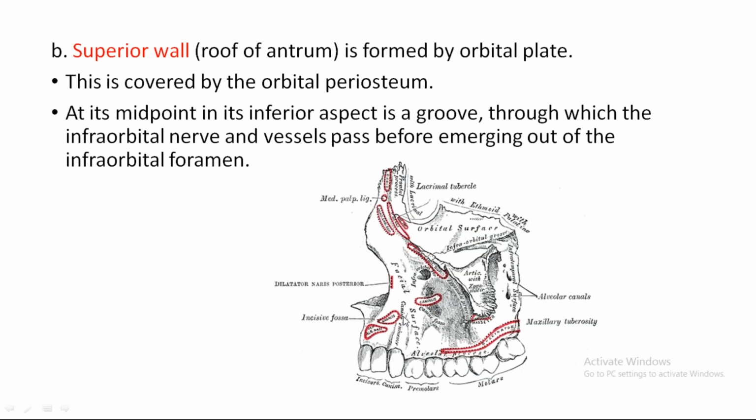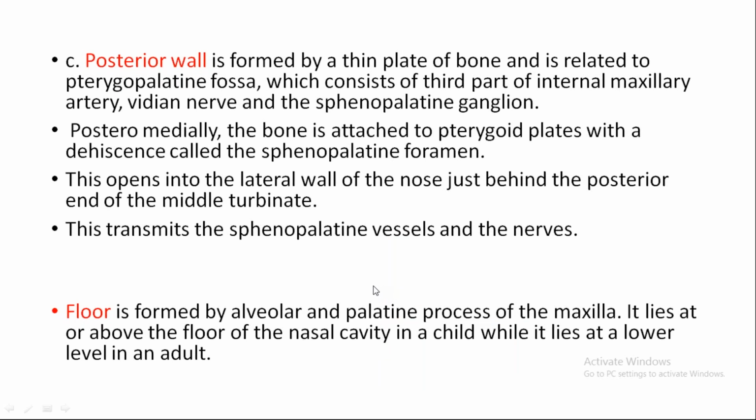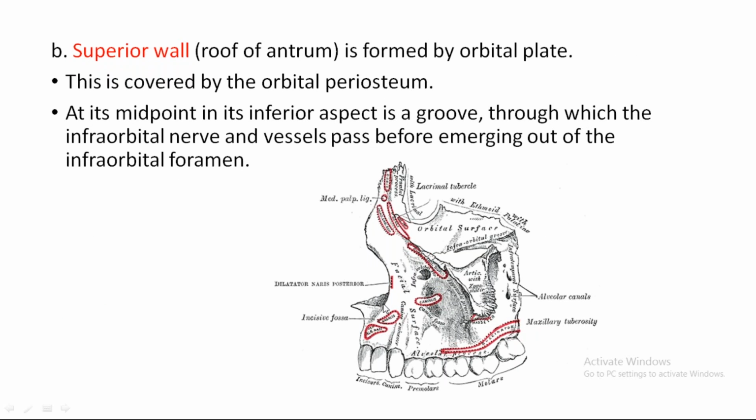Now again you can see the different muscular attachments to the maxilla bone, and the articulation with the zygoma over here, and this is the ascending process of the maxilla, or you can say the frontal process of the maxilla. This forms part of the piriform aperture, the medial margin. This is the alveolar process where you have incisors, canine, premolars, and molars.